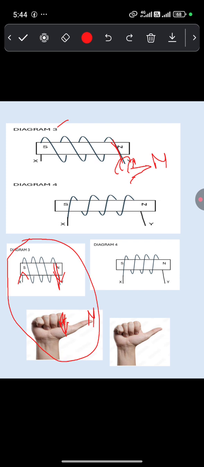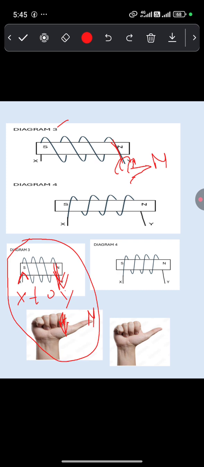So the front is going down, so I indicate it on the front, and automatically at the back it becomes up. So it means now the current is moving from X to Y.